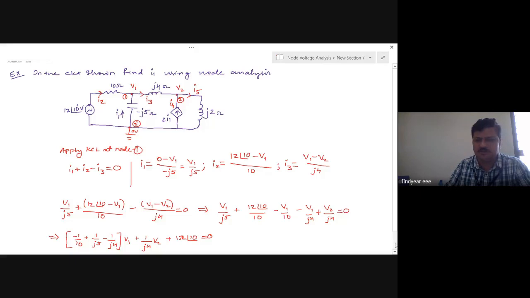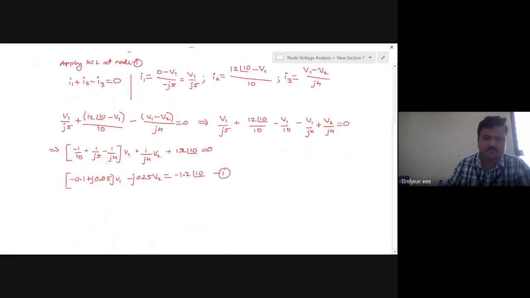So it is I3 plus I4 minus I5 is equal to 0. Now I should write the expression for I3. I3 I have already. I3 is equal to (V1 minus V2) by j4.